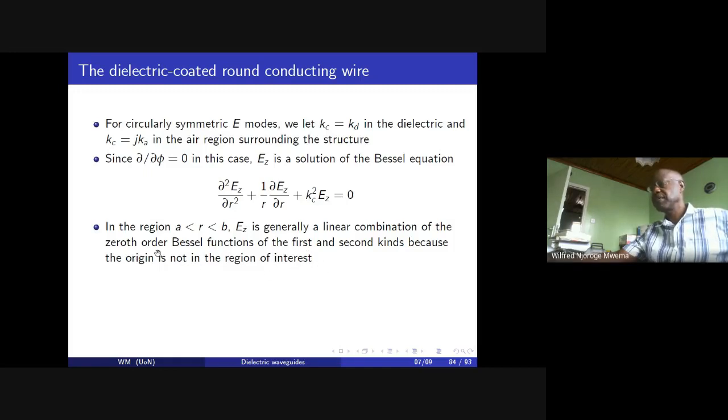It has been removed by the conductor being there. It has removed the r equal to 0 point, and therefore we must have the second kind also coming in. Thus, Ez is going to be given by A1 J0(kd r) plus A2 Y0(kd r).